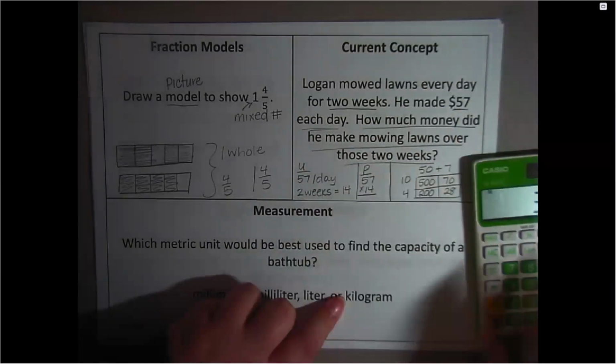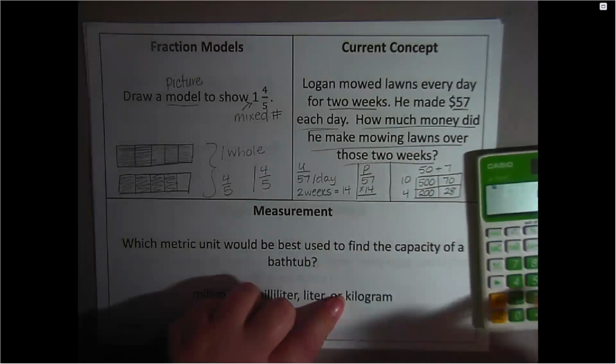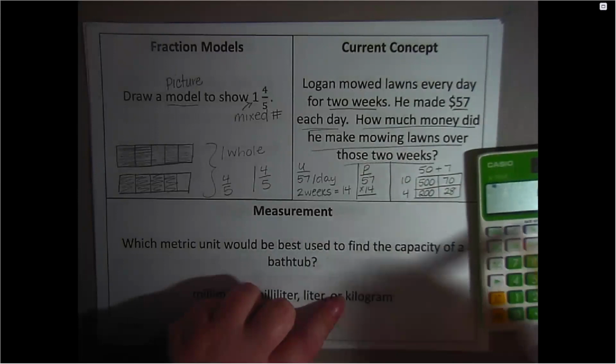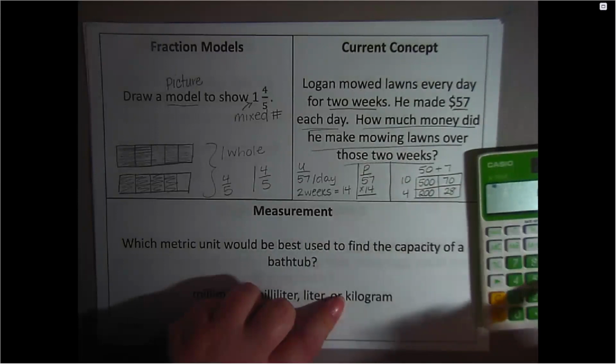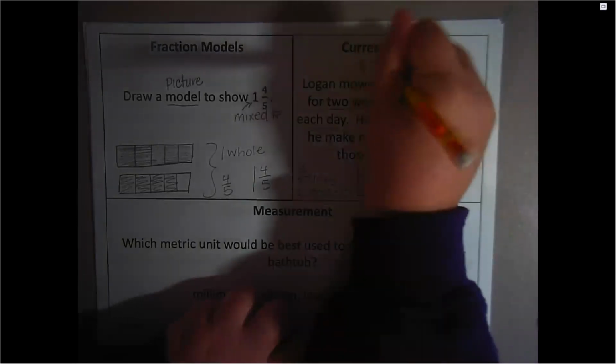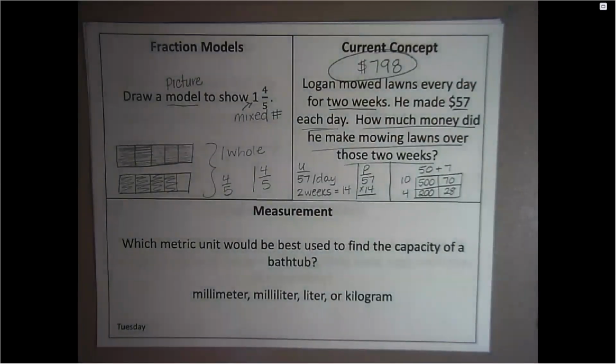So I'm going to use my calculator, and I'm going to go ahead and add that up. 500 plus 70 is 570 plus 200 is 770, and then add 28. And the answer is $798. Logan made $798.